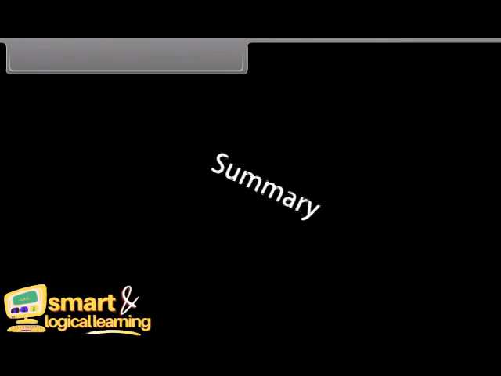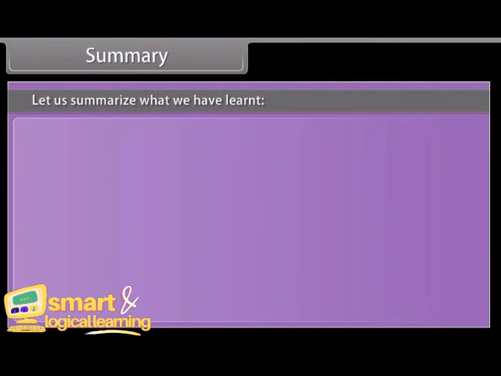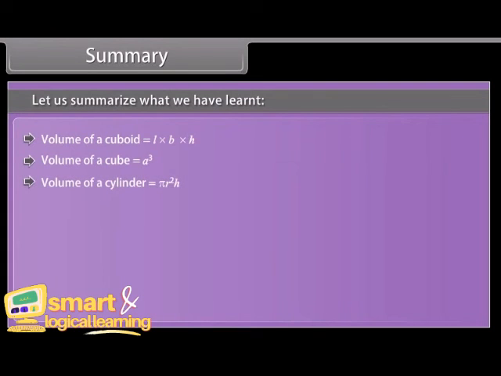Summary. Let us summarize what we have learned. Volume of a cuboid is equal to l into b into h. Volume of a cube is equal to a³. Volume of a cylinder is equal to pi r² h.